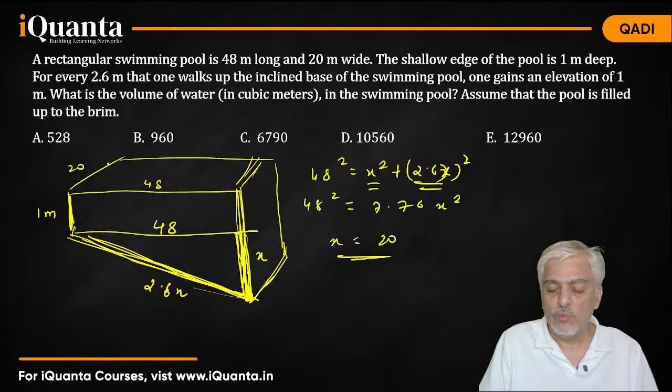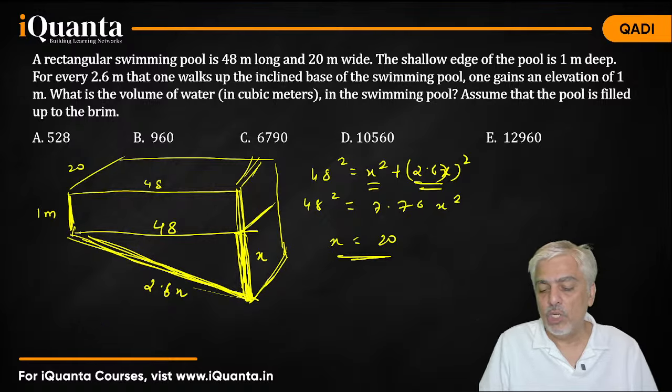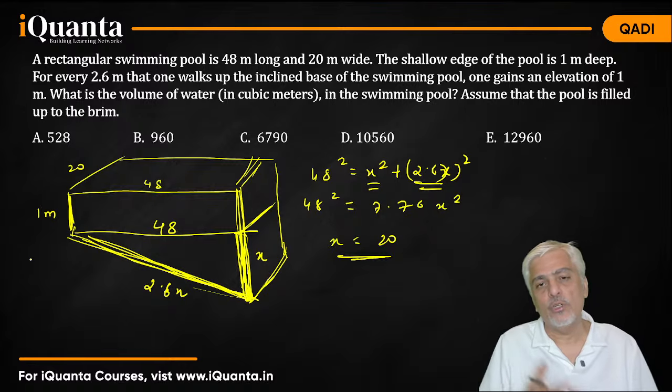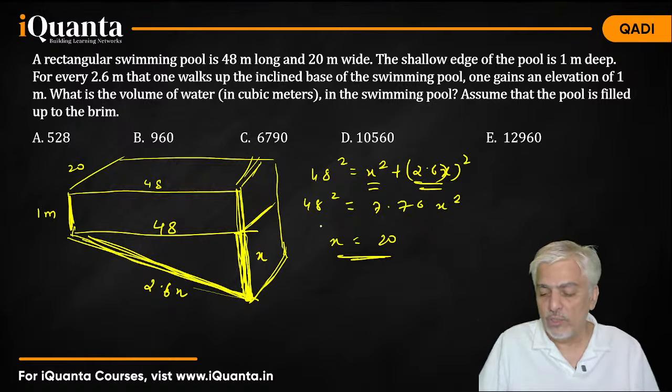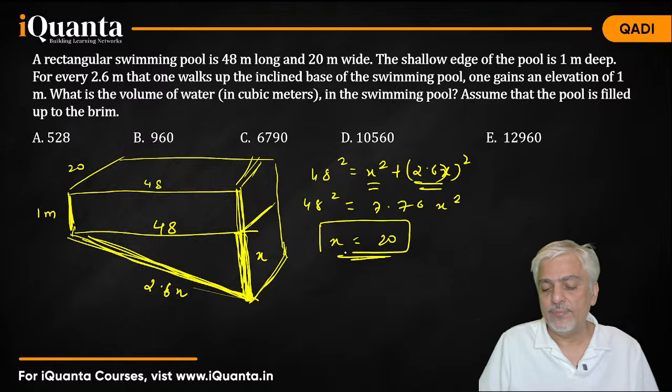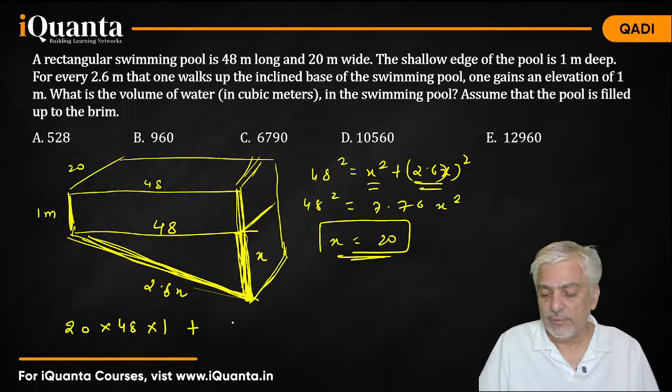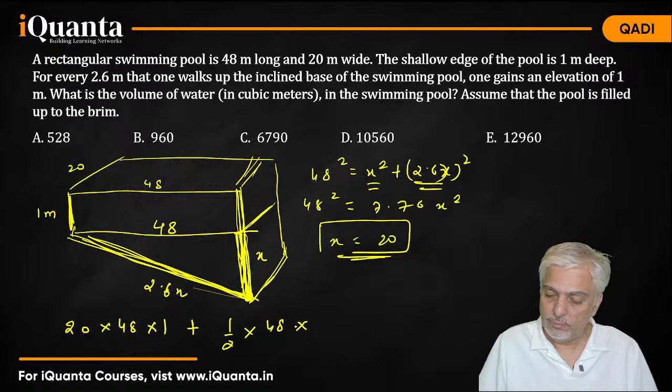You can do volume of the cuboid as one part and volume of the triangular part as one part, or you can do them together, no problem. So whichever way you do it, once you get x is 20, volume of the cuboid is 20 into 48 into 1. Volume of the triangular part is half into base into height. So half into 48 into 20 into 20.